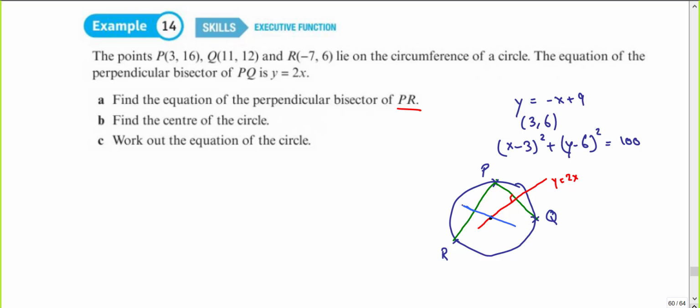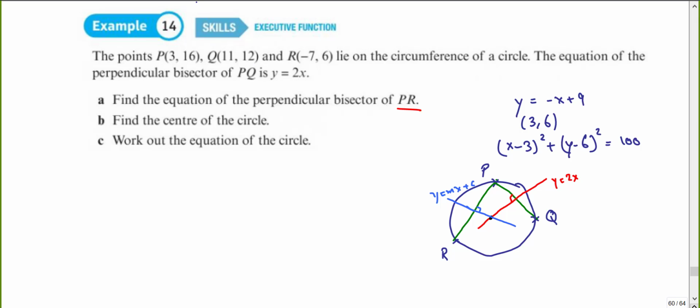The perpendicular bisector of PR. We want the equation of this one. It's y equal mx plus c. So what do we need? We need m, the gradient, and we need c.